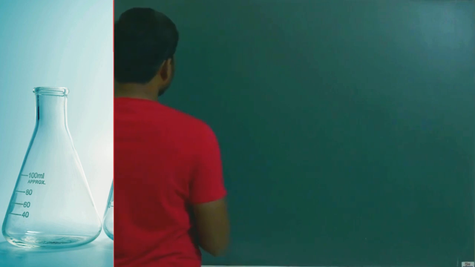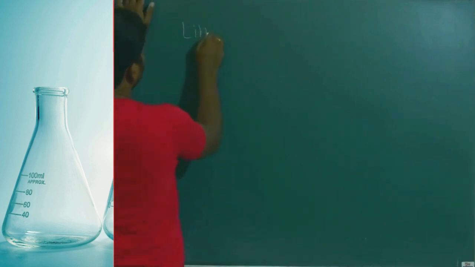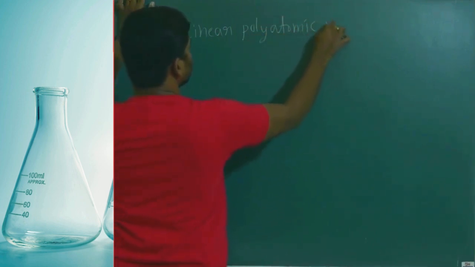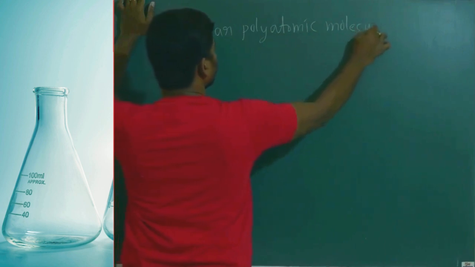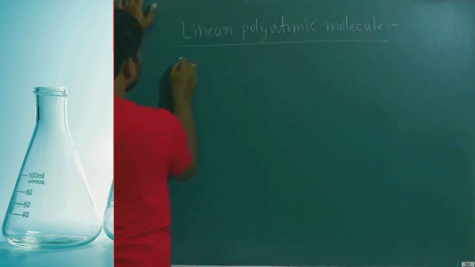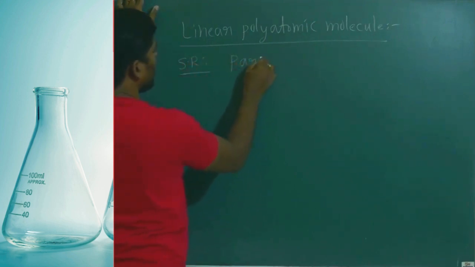Okay. Here, for example, if you take a linear polyatomic molecule, what are the selection rules? The selection rules are different for parallel vibrations and perpendicular vibrations.